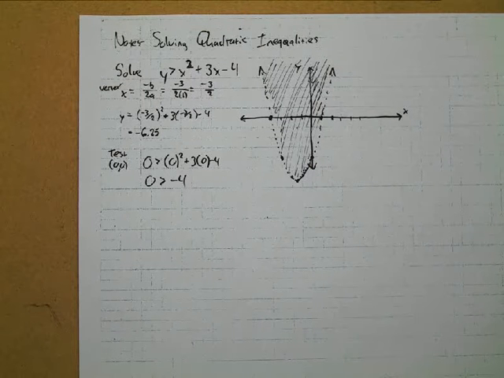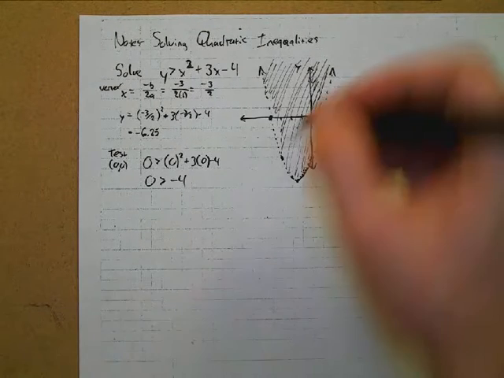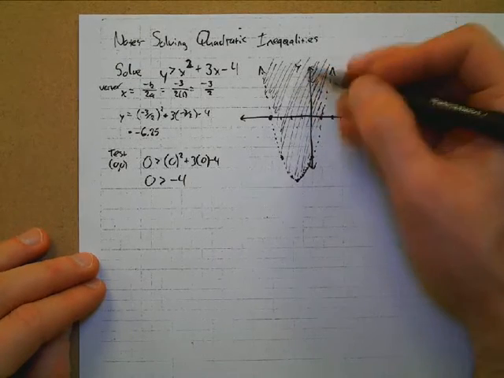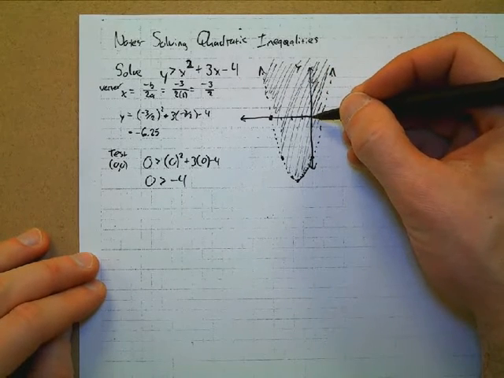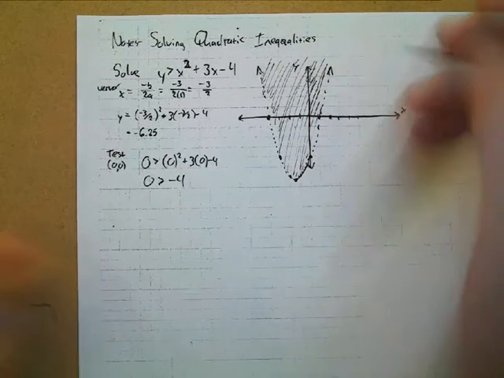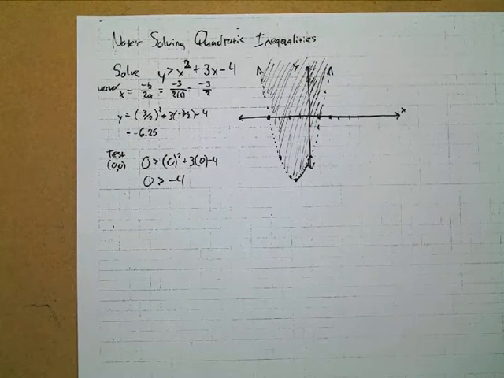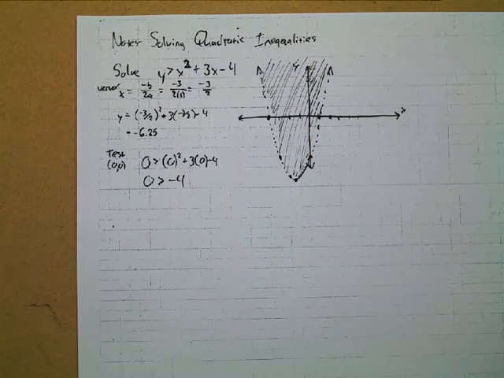If 0, 0 didn't work, what would we do then? Shade outside. Okay, like that. So that shaded area there indicates all of the possible solutions of this inequality. When you graph a normal parabola, where it's equals there, that means all the points on the parabola, all these coordinates, the ones that we did find and the ones between those, are all solutions, but nothing in this region, nothing outside of that region.